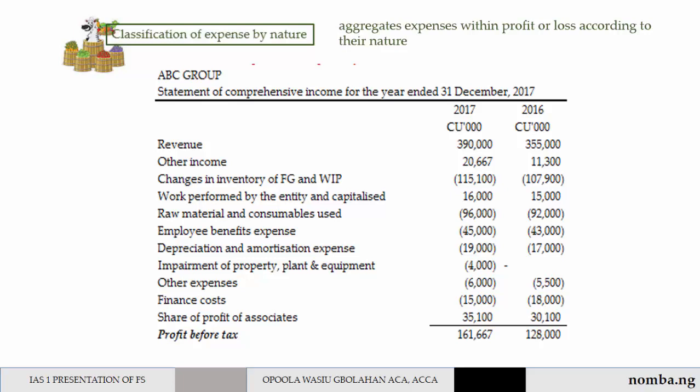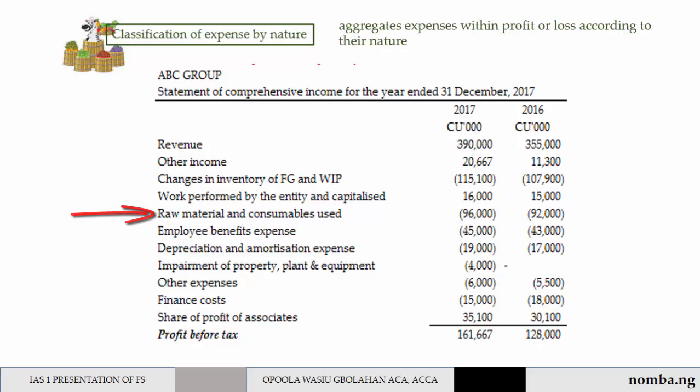What is important is that the expense that was incurred is classified based on the nature of the expense. So this work performed by the entity and capitalized are simply the cost of raw materials, the cost of labor, and transportation cost.